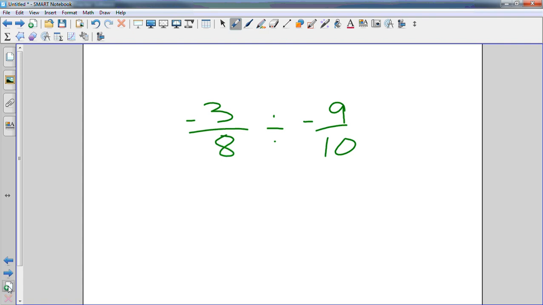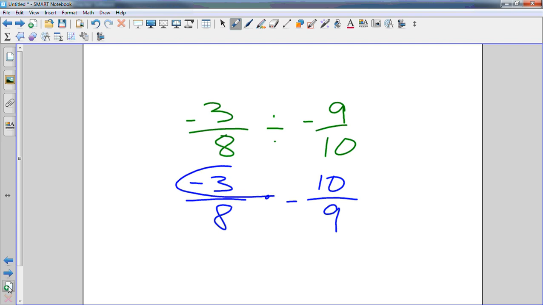When you divide fractions, what is it the same as? Who can remember back to the beginning of the year? Multiplying by the reciprocal. So take the second number, find the reciprocal, which is 10 over negative 9, and I'm multiplying. Now, when we multiply fractions, what do we do? Marry the tops, marry the bottoms.